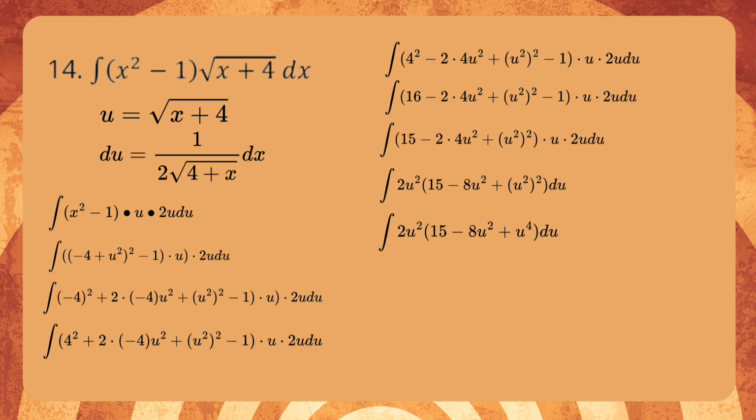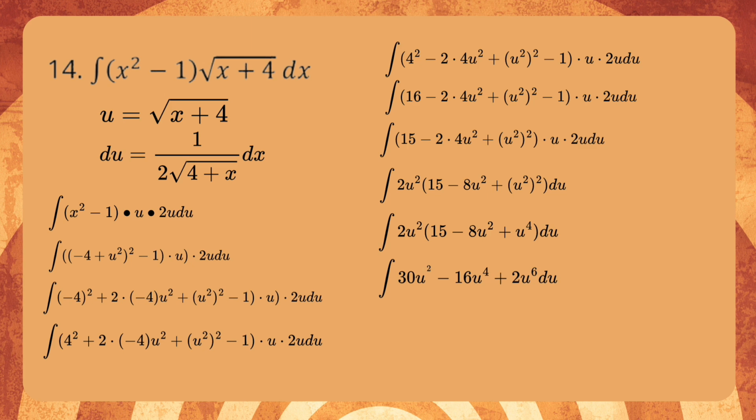Dito naman is isi-simplify lang natin yung exponent ng nasa dulo. So integrals of 2u squared and the quantity of 15 minus 8u squared plus u to the 4th power times du. So ang next na gagawin is i-multiply lang natin si 2u squared sa mga nasa gilid.